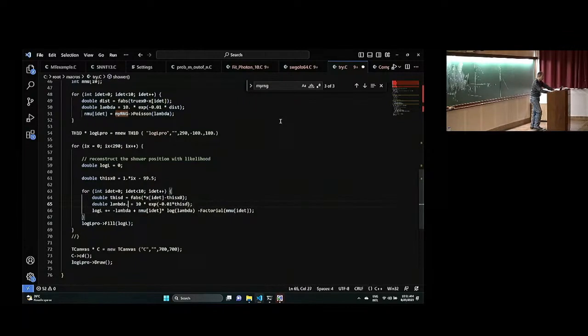Yes, thank you. I should use my glasses, which are there, but okay. I have trouble seeing. And this is log of factorial, right? And now I fill the logarithm and I plot it, okay?